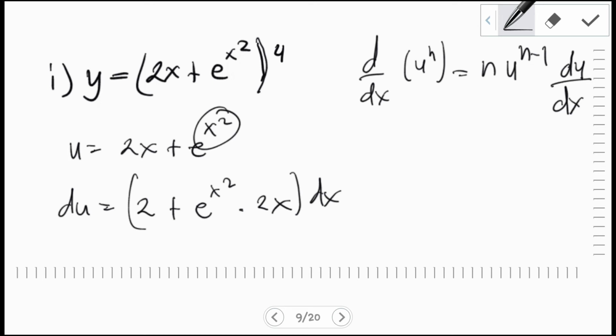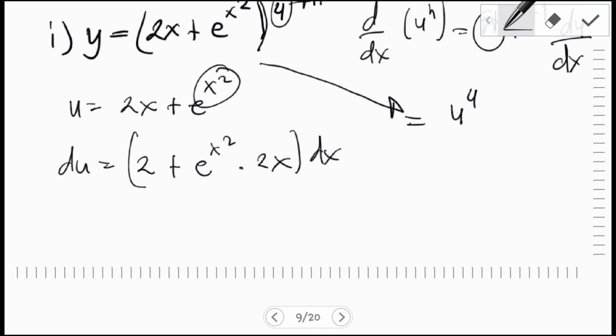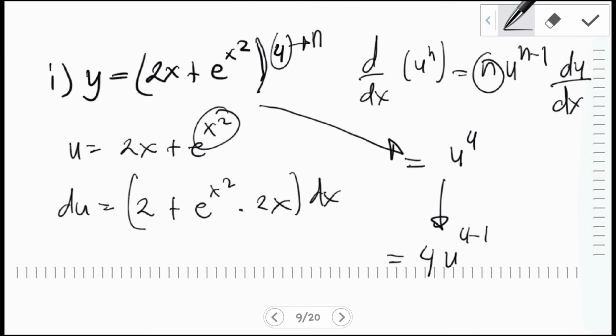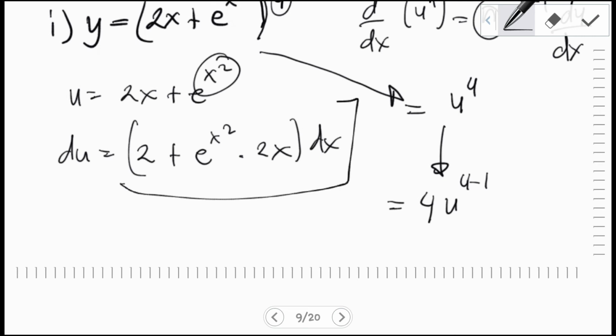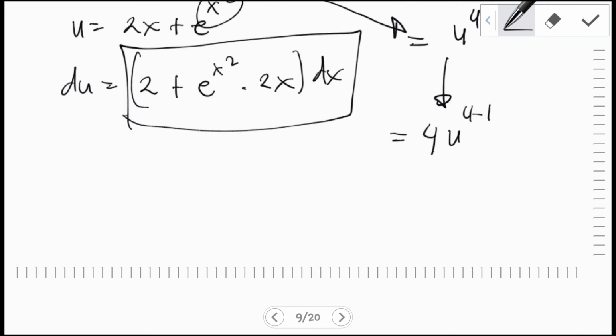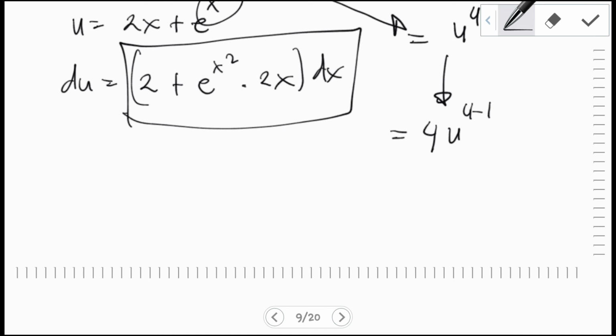Okay, so rewrite u to the power 4. Okay, so take note, n is 4. Okay, so therefore that is 4, then u to the power 4 minus 1, and then du over dx, which is this, no? Okay, so times 2 plus e to the power x squared times 2x.